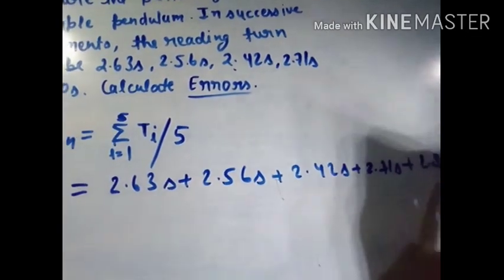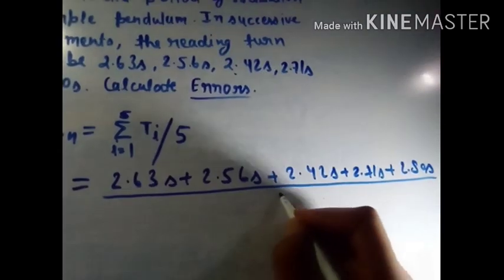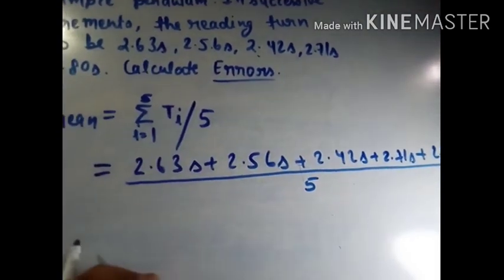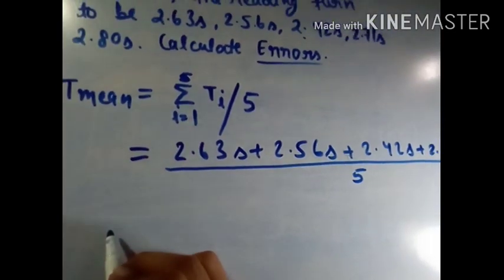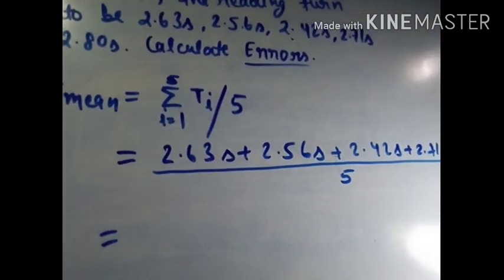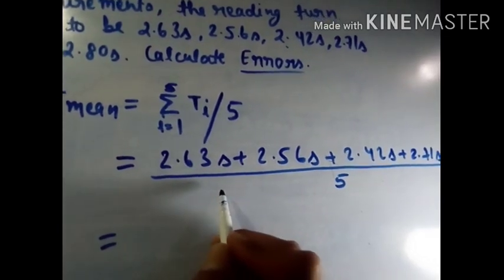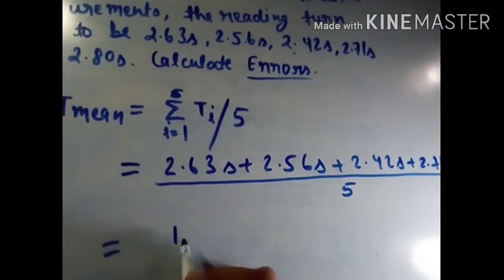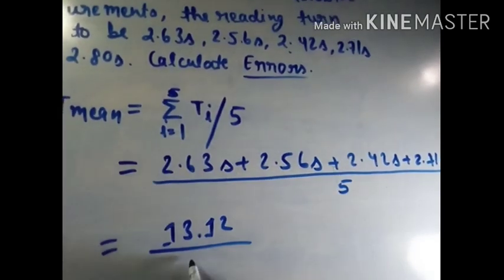Now pause the video and add all these values quickly, and then divide by 5. On calculating this value you will get 13.12, divided by 5.